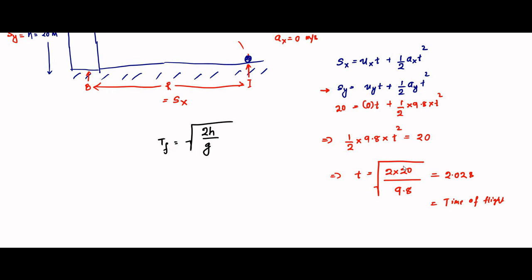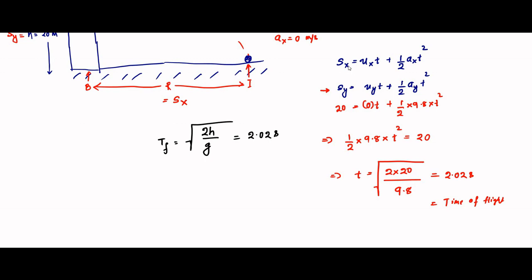It is the same thing which we have done here using the equation format: 2h by g, height of the building 20 meter by g. You could have calculated directly also, but to make you understand how it is coming, I have shown you both ways. This is the first way using equation format, and this is the direct formula. You arrive at the same result. So time of flight is equal to 2.02 second.